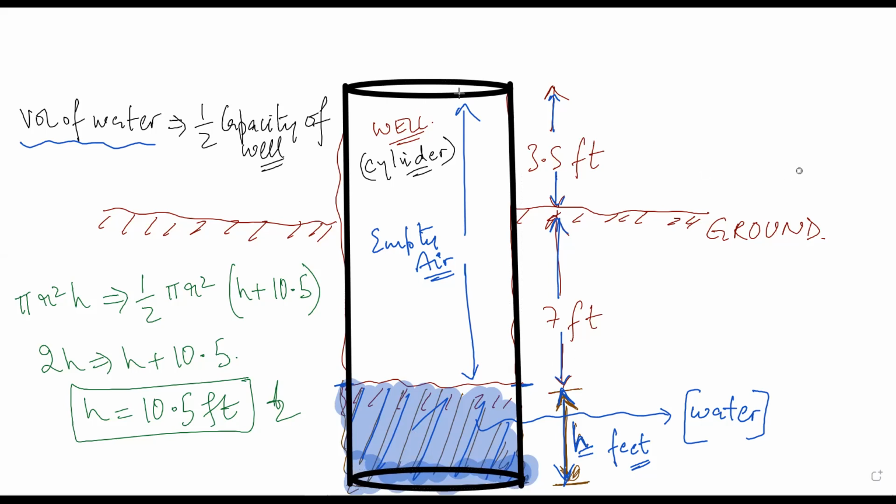So whole of this is the capacity. Now when you look at the capacity, you will find that the total height would be equal to 3.5 plus 7, 10.5 plus h. Have you guys understood? Yes, sir. So this would be 3.5 plus 7 plus h, which will be equal to 10.5 plus h. That is what I have written here.